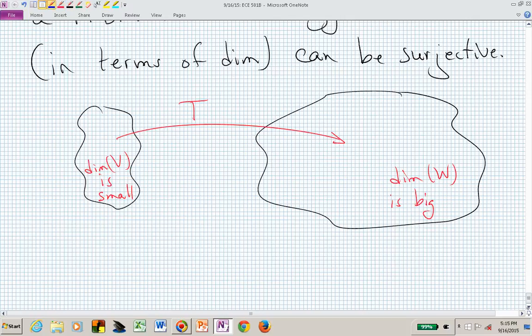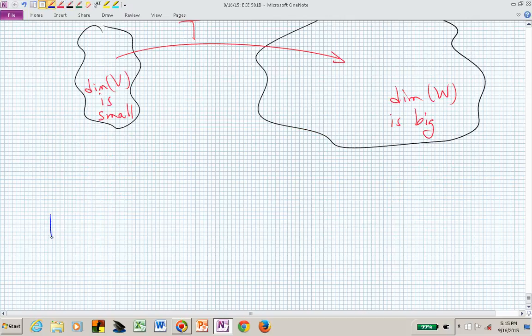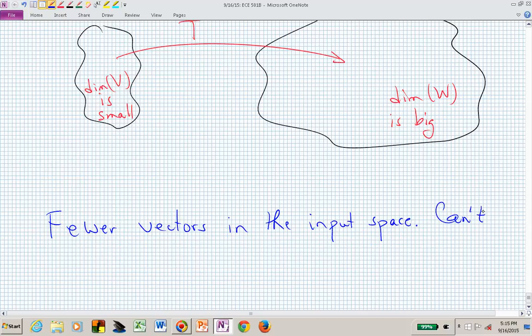And the other way of thinking of this is that we have fewer vectors in the input space, and for that reason we can't produce all vectors in the output space.